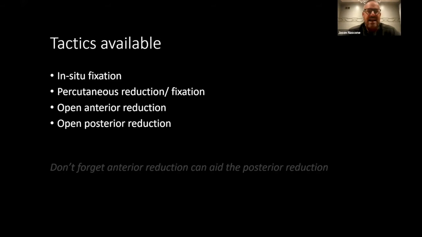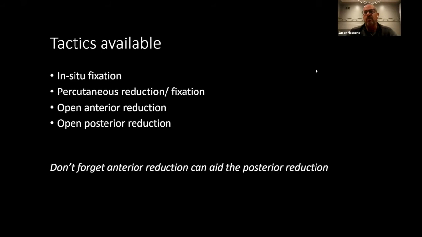So we have a variety of tactics, and I'm sure everybody on the line tonight is aware of these, but this is sort of our toolbox of what we have. We have in situ fixation, or just putting screws into a pelvis and keeping it where it is. We have the ability to do a percutaneous reduction as well as percutaneous fixation. And then as we start going up the scale of invasiveness, we have open anterior reduction to the posterior pelvis, and we have an open posterior reduction to the posterior pelvis.